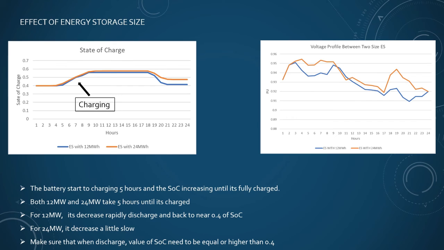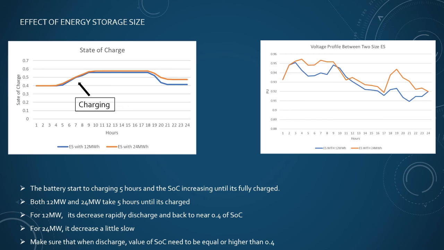For 12 megawatt hour, it discharges rapidly and goes back to near 0.4 of SOC. For 24 megawatt hour, it decreases a little bit slower. So basically, from the state of charge, we make sure that when discharging, the value of SOC needs to be equal to or higher than 0.4, because from the coding we set the state of charge to 0.4.